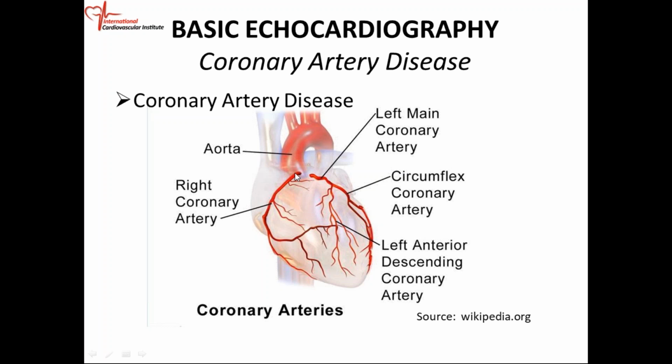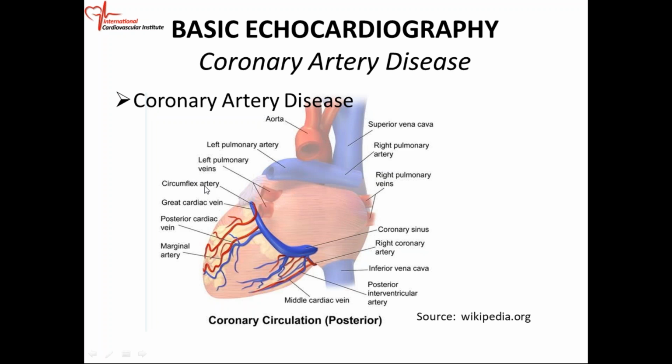On the right side, from the right coronary cusp, comes up from the sinus of Valsalva, you have the right coronary artery, which loops around the right side. And the right coronary artery divides into what we call PDA, posterior descending coronary artery, and a lateral branch. So this is the rough coronary distribution around the heart.